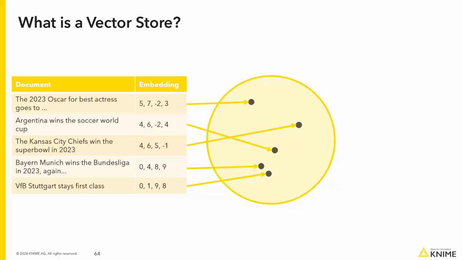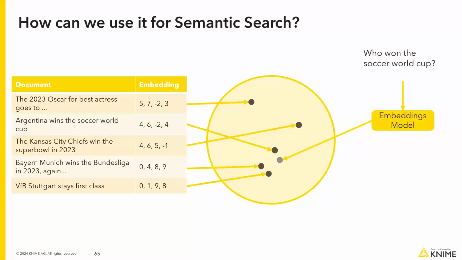And you can see that some of those vectors are clustered in one area of the vector space, whereas the sentence about the Oscar is a bit far away from the rest. Now, if we, as a user, ask who won the soccer World Cup, this user prompt is embedded by the model.